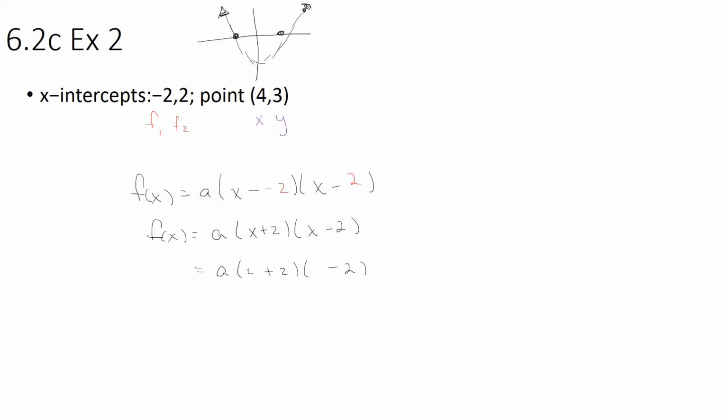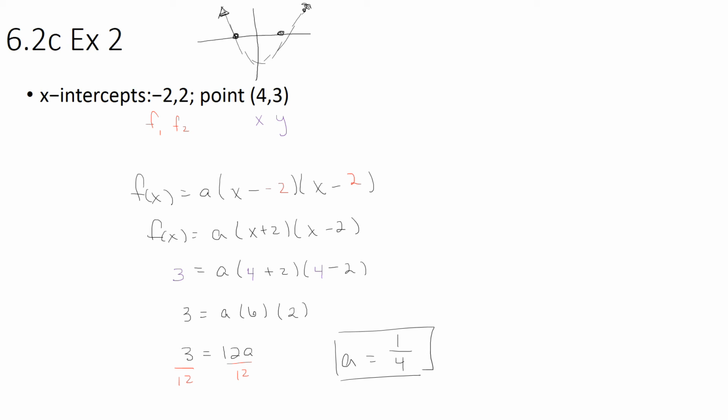Okay, x is 4 here and here, and my y is 3. Go through and simplify that. 3 is equal to a times 6 times 2. Okay, 3 is equal to 12a. Solve for a by dividing by 12 on each side. A is equal to 1 over 4.